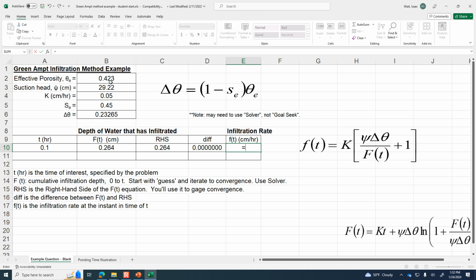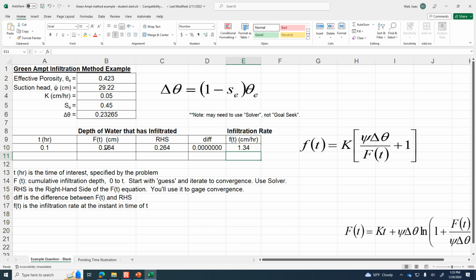It is K times suction head times delta theta divided by f of t plus 1.